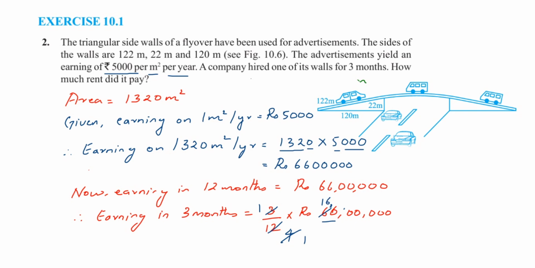We get 2 as a remainder. Now we have 20. 4 5s are 20. There is no remainder. Now here we have 1 2 3 4, 4 zeros. Just put 4 zeros. So we get rupees 165 followed by 4 zeros. So you get 16,50,000. So this is the rent for 3 months.